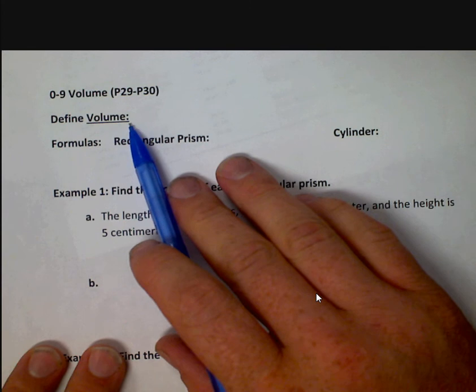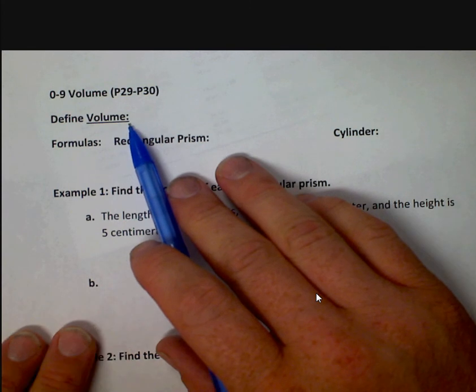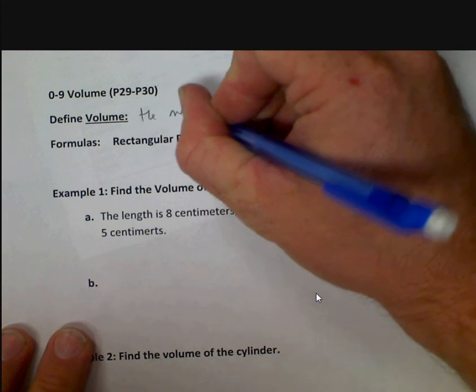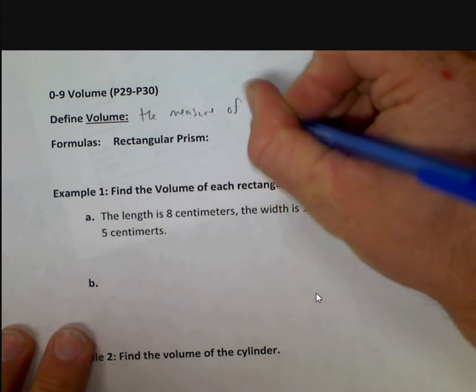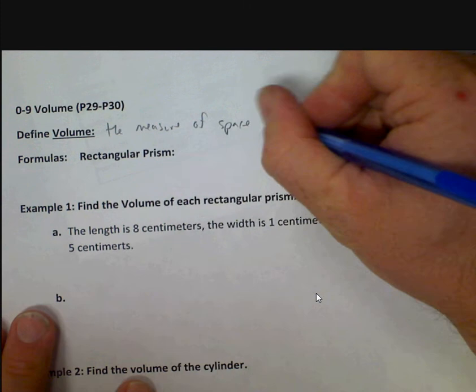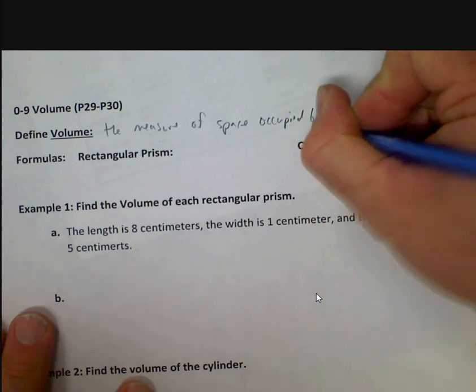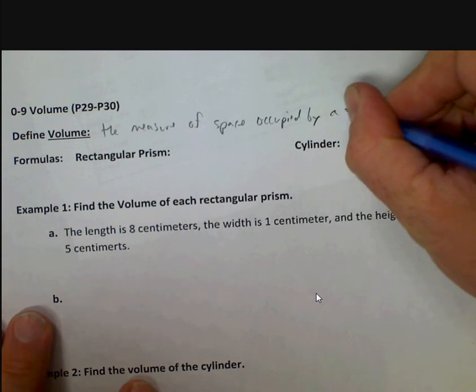First thing is let's go ahead and define volume. This is the measure of space occupied by a solid.